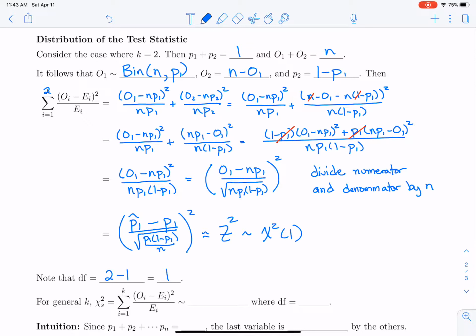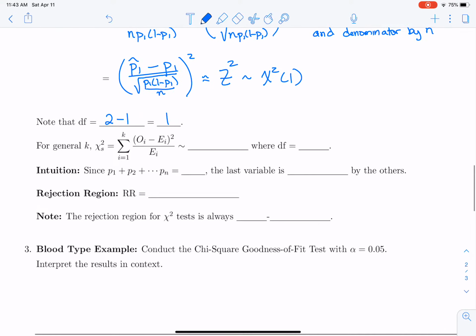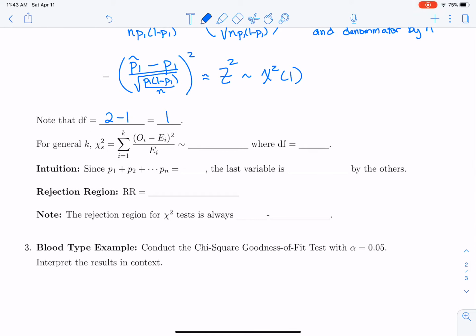Okay, for a general number of categories, we can use some of the same analysis, and that will actually show that the chi-squared statistic, of course, has a chi-square distribution, and the number of degrees of freedom is k minus 1. Okay, so the intuition here is that the sum of the probabilities is 1, or the sum of the observations is n.